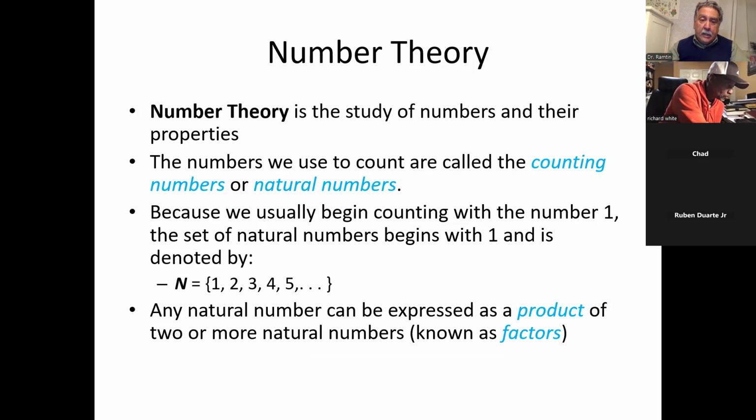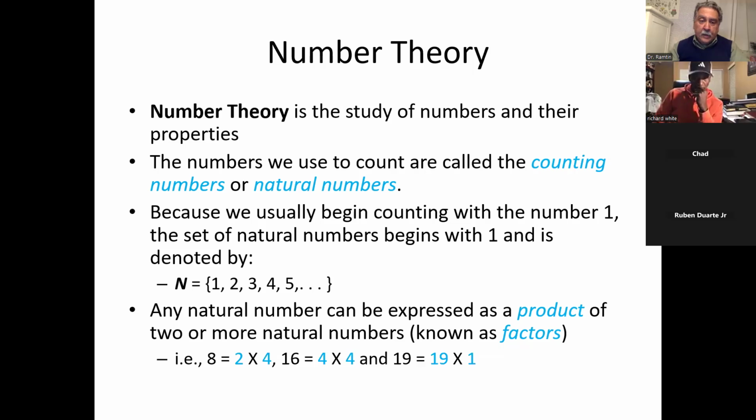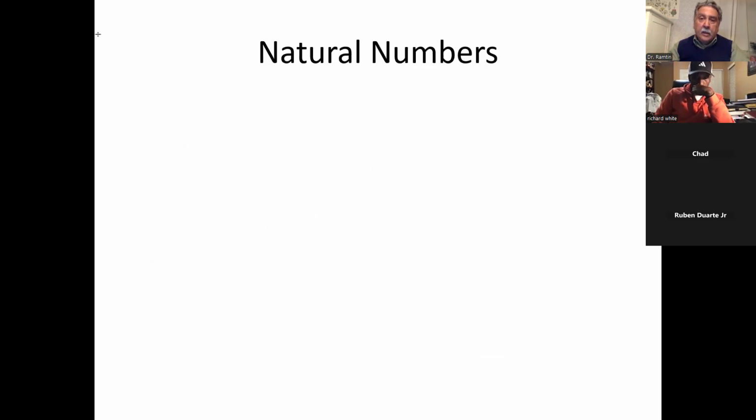Okay. Any natural number can be expressed as a product of 2 or more natural numbers, and those are known as factors of that natural number. For example, 8 is a product of 2 times 4, or it can be 8 times 1. 16 is a product of 4 times 4. 19 is 19 times 1, and 19 is a prime number; we will get to it.